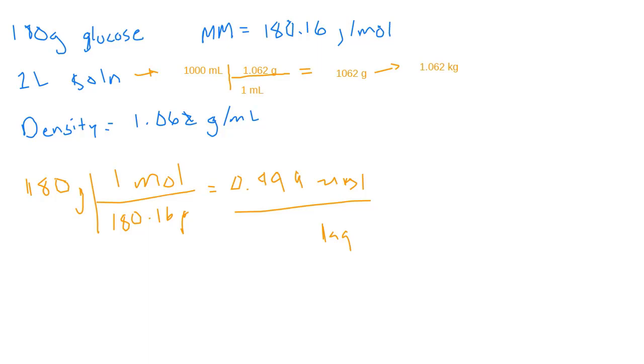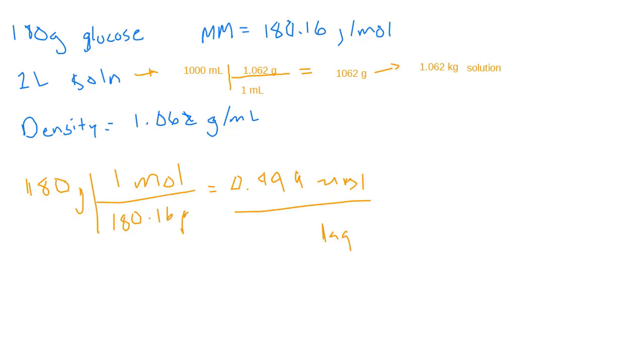So basically, we need to find our kilograms of solvent. So we need to subtract our kilograms of solute. We're told we have 180 grams of glucose. So what does that translate to?